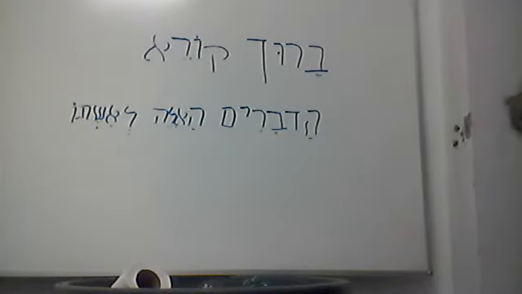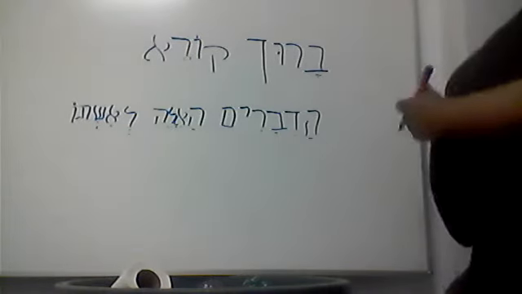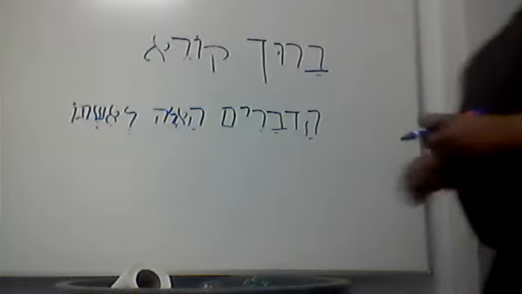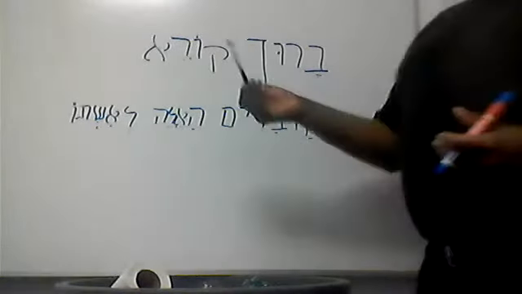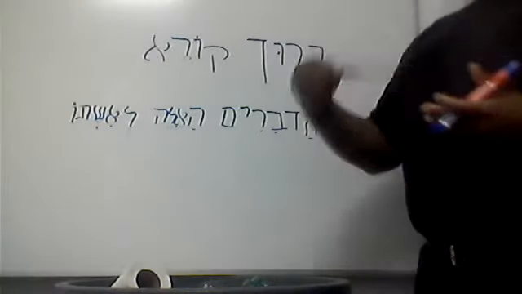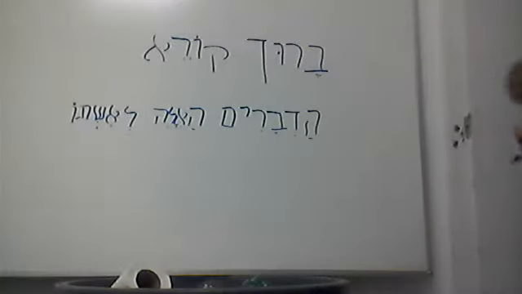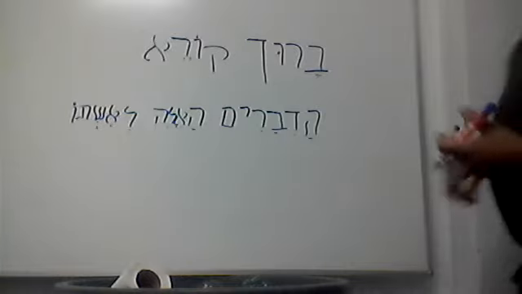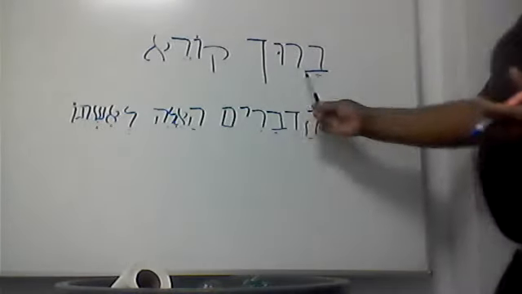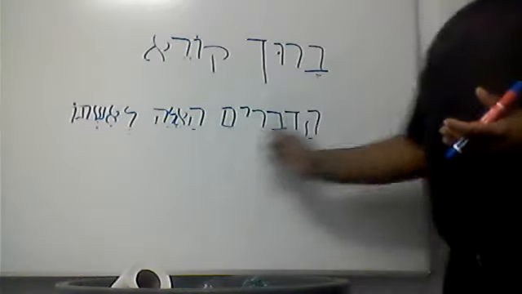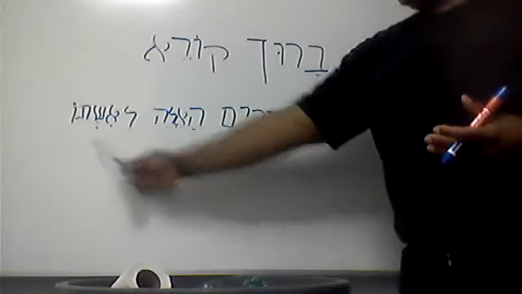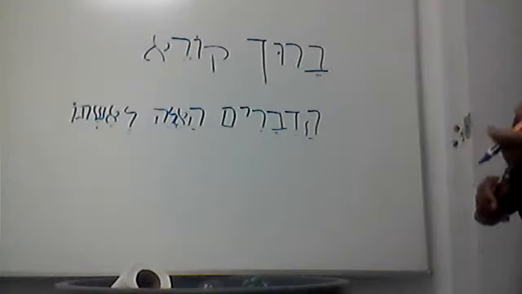If we remember, we have Beito, which meant his house. So if you have Ishto, it means his wife, coming from its significant word Eshet, wife of, from the root word Esha or Isha, which means wife. Baruch Koreh. Baruch is reading Hadbarim Ha'eleh, these words, like Ishto, to his wife.